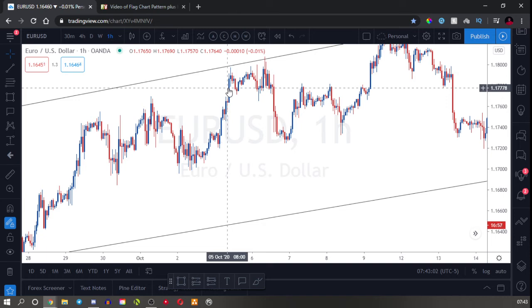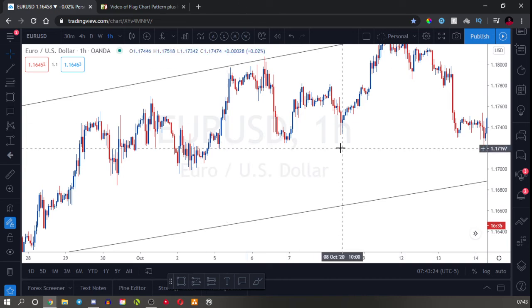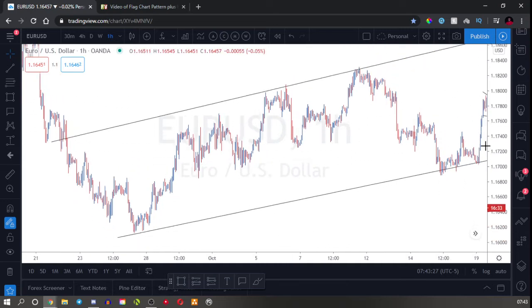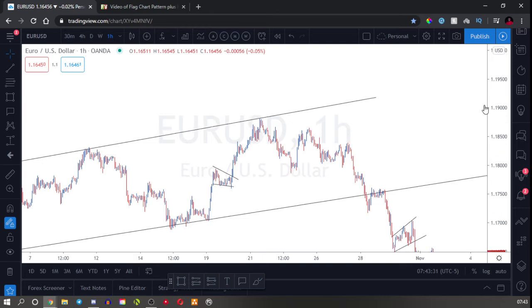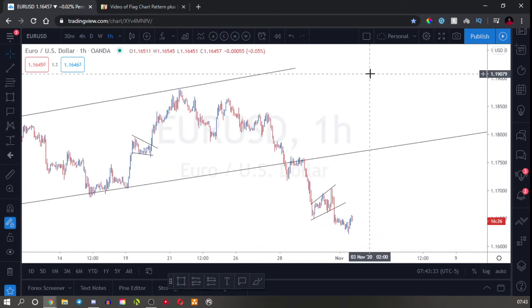Find 5 different bullish patterns on 5 different pairs, and find 5 bearish patterns on 5 different pairs. Bearish flags on 5 different pairs. You understand what I'm saying. Essentially 10 on each pair. You're going to be doing 5 bullish flags and 5 bearish flags on 5 different pairs.